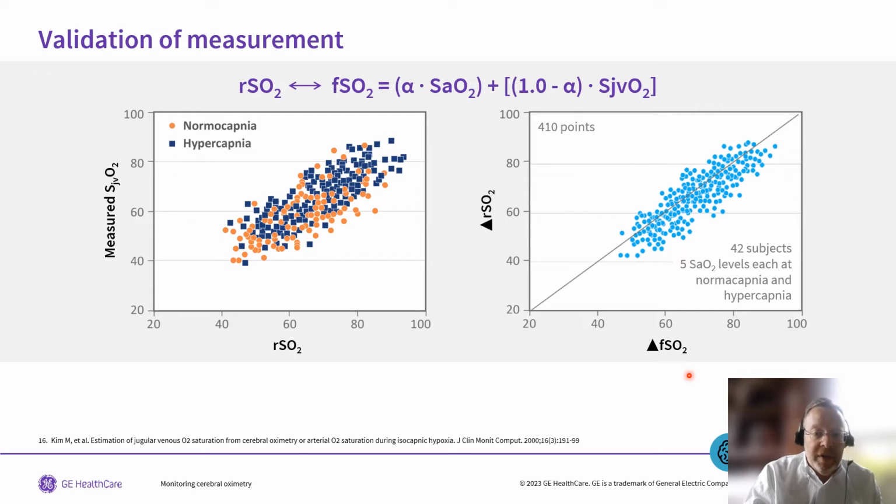On the graph is a comparison of regional saturation to field saturation, and these also correlate very well. Because of this correlation, we know that we're acutely sensitive to changes in tissue oxygen supply and demand.